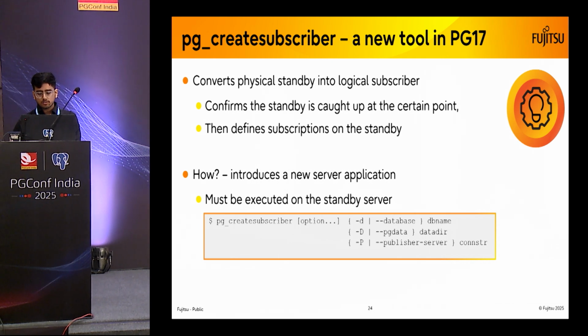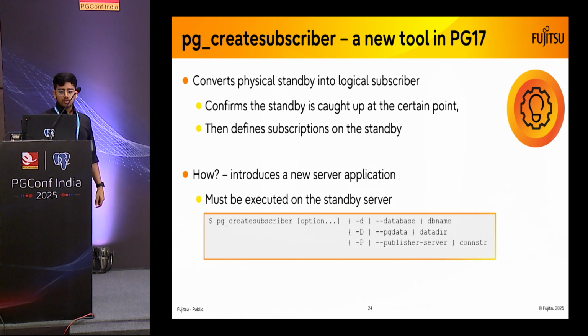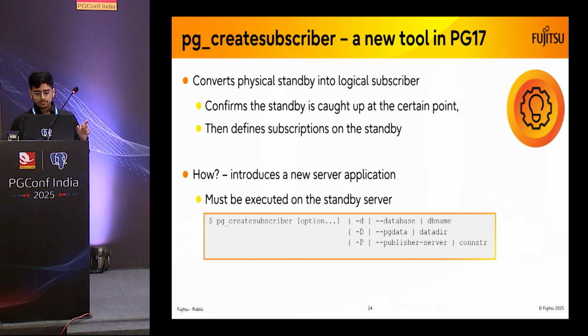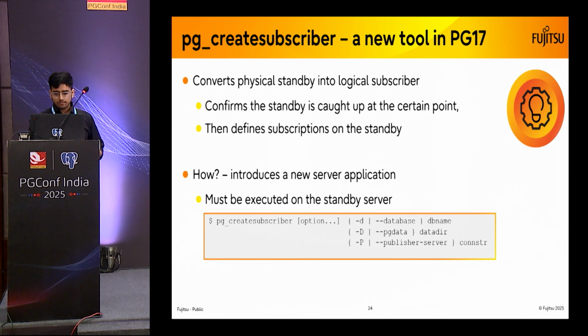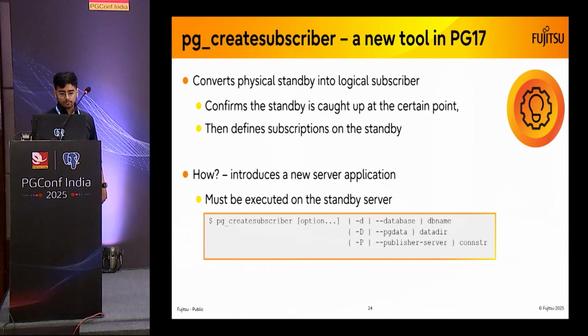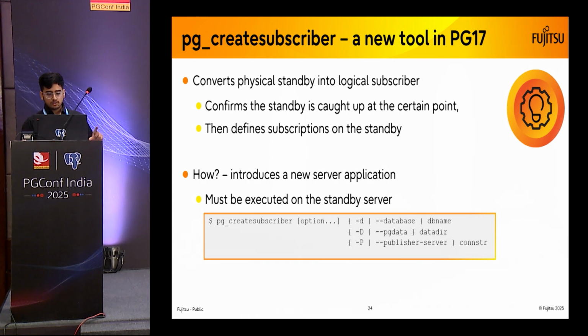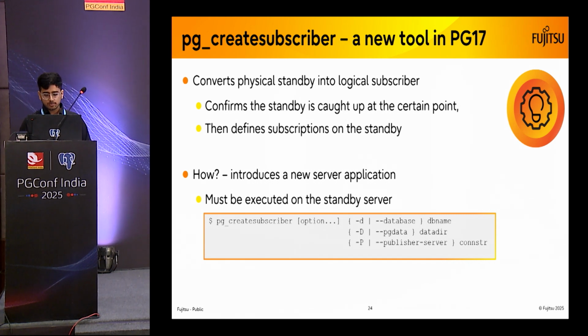There is a database option, which we can use multiple times, so it will run on those databases only. With pgdata we specify the data directory of the standby server, and with the publisher server we provide the connection string of the publisher.